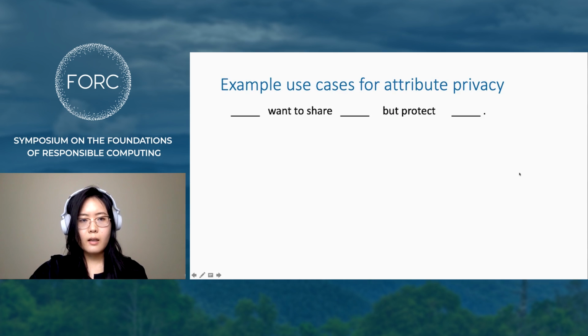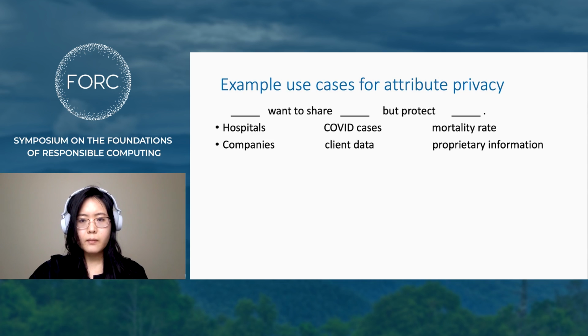There are a few other use cases for attribute privacy. For example, hospitals want to share the number of COVID cases with federal health agencies, but want to protect mortality rate that may affect future funding opportunities. Companies want to share client data for standardization, but want to protect proprietary information.